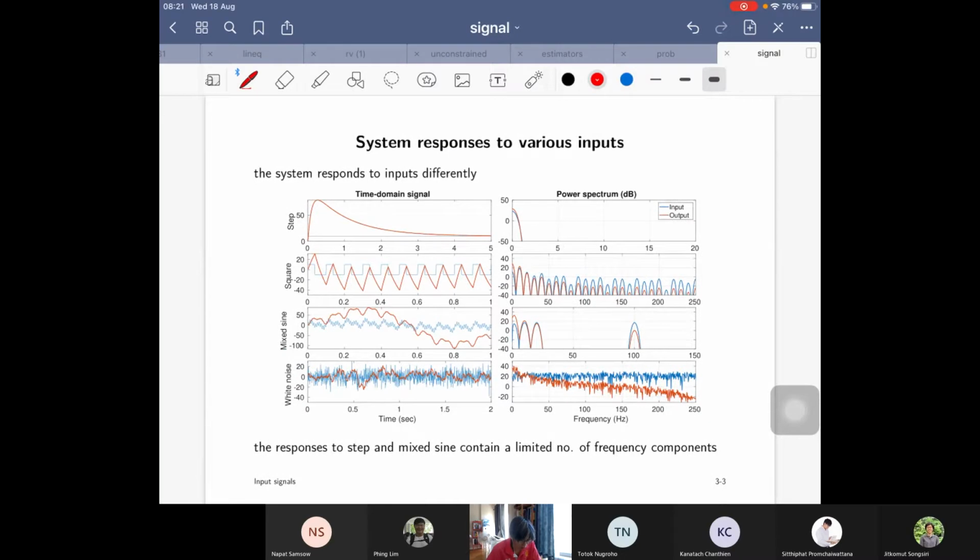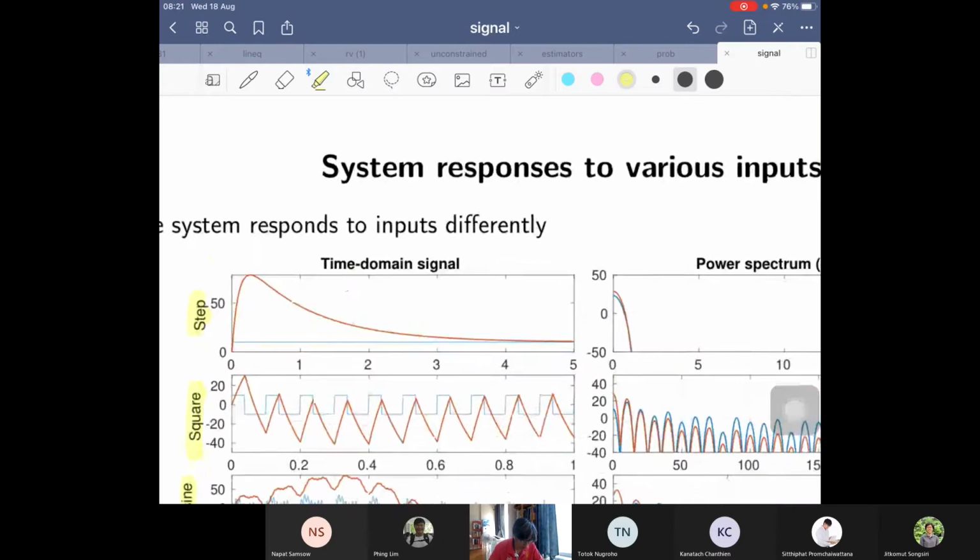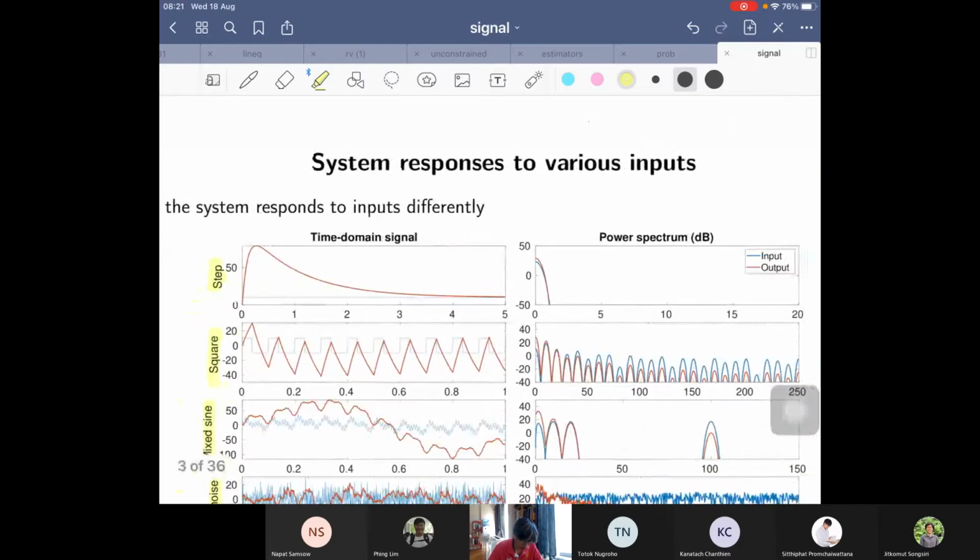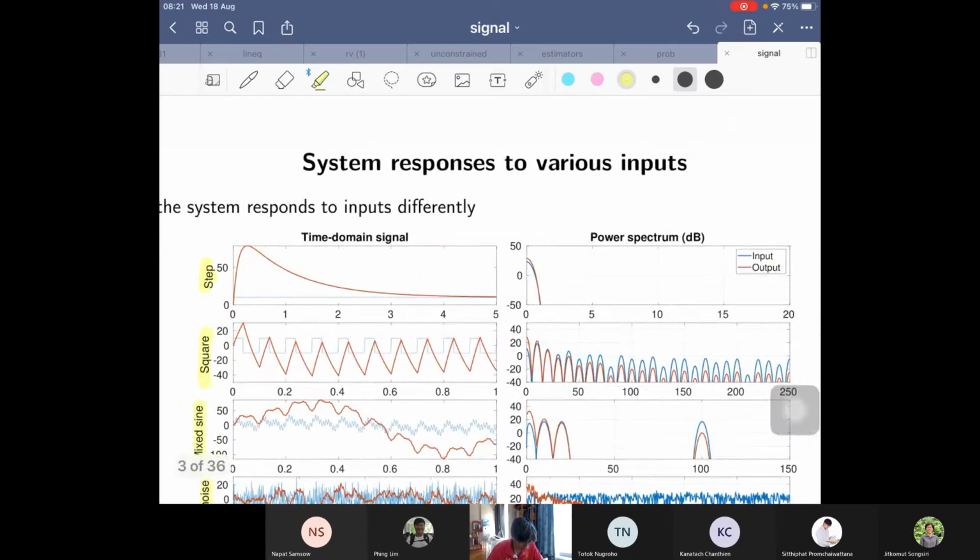Of course, in this slide, I give some examples of how you would see the response y as I apply input of various types. The first one, when we learn about linear system class, of course, we commonly talk about step response.